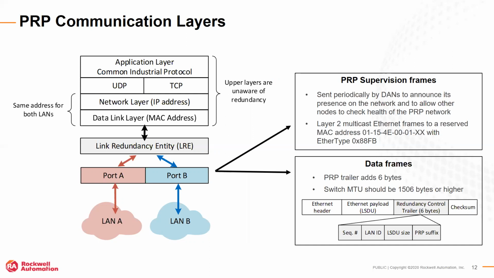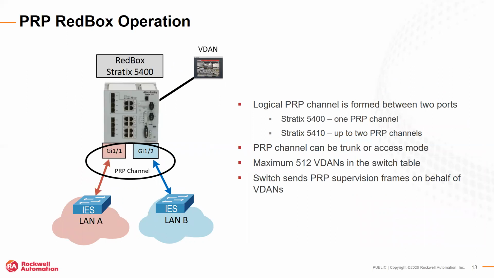Now, as far as the RedBox operations, the Stratix 5400, which is our DIN rail mounted switch, can handle one PRP channel, which would be our 2 different networks. And our 5410 can have up to 2 PRP networks on it, with a maximum of 500 virtual dually attached nodes.